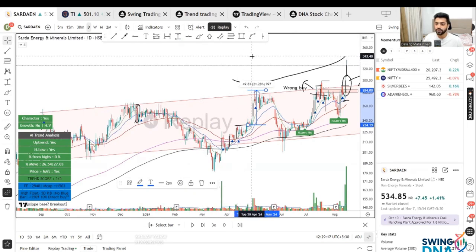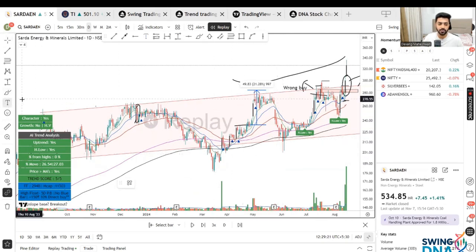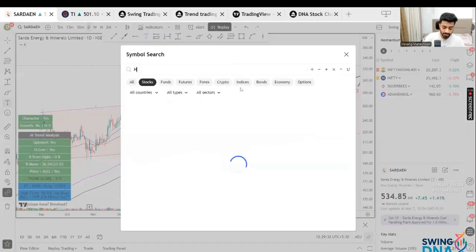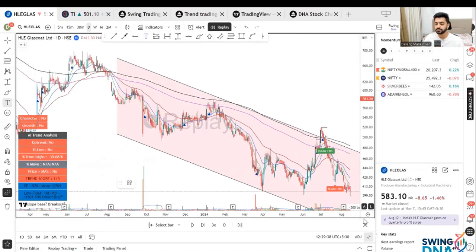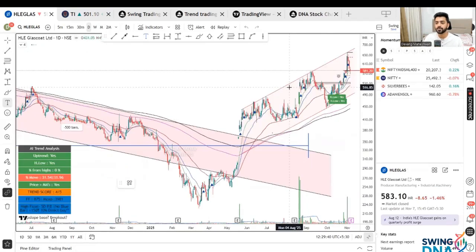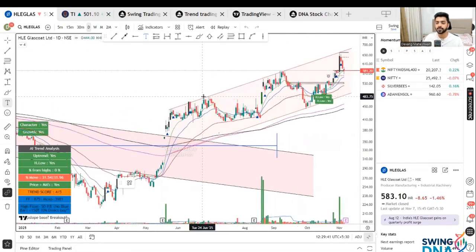So only in these channels, when you are buying somewhere at the bottom, you need to have the upper resistance at least 10-12% up. Okay. If it's there, then you can, like see my recent trade, HLE Glasskote. Look at this, it is like that only.